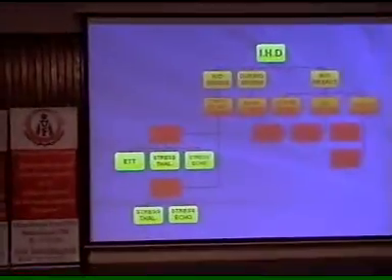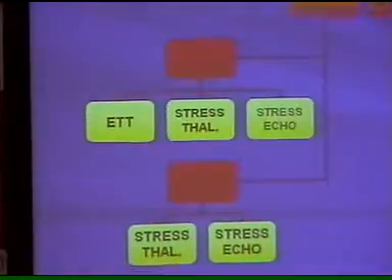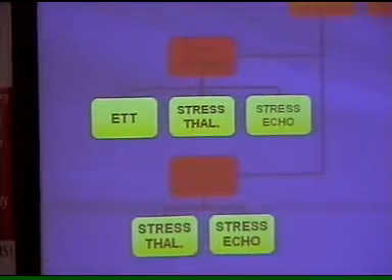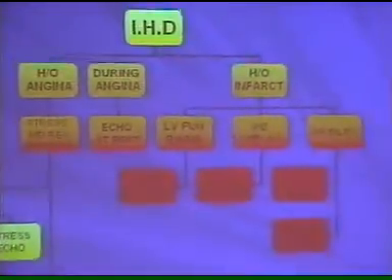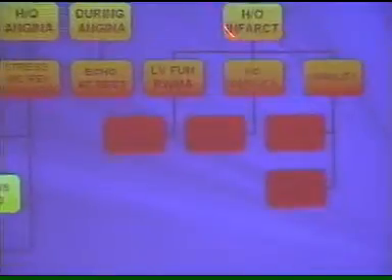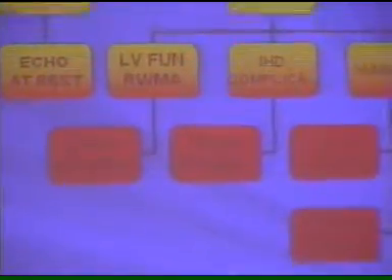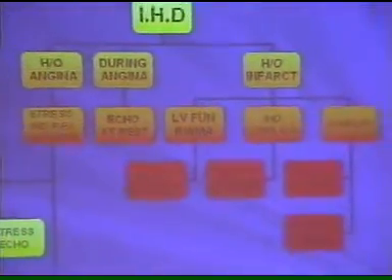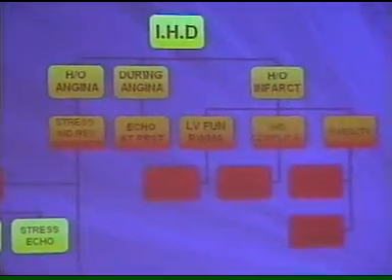This is the situation when there is a suspicion of ischemic heart disease. If the patient lands in the emergency and the diagnosis is not clear, the patient is complaining of chest pain, obviously echo at rest can guide you whether the patient is having ischemia or not. If the patient has a previous history of infarct landing in your clinic, you can plan for further evaluation.